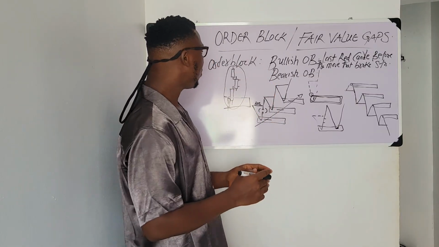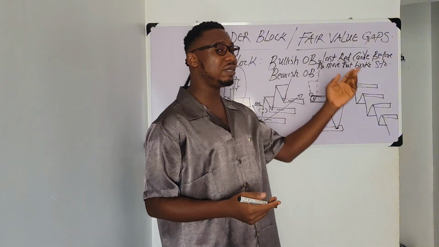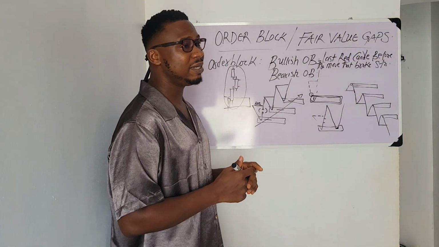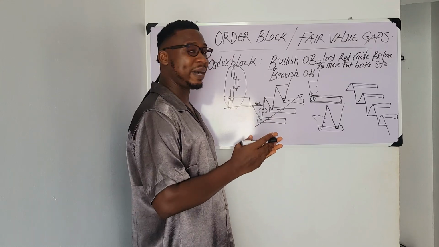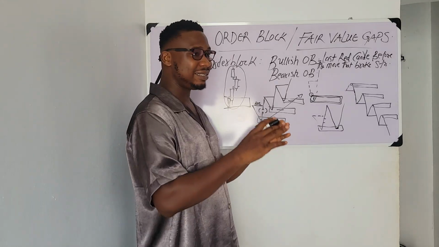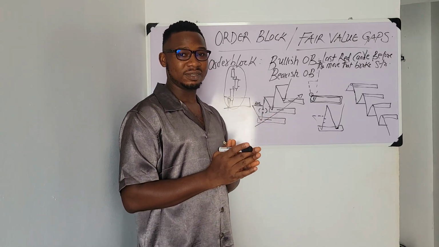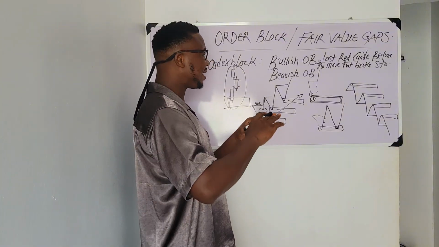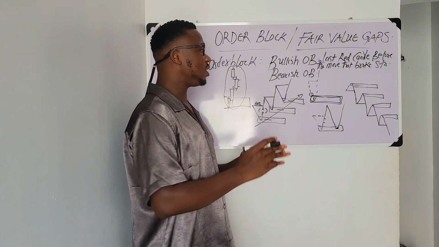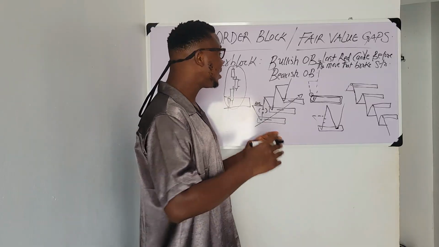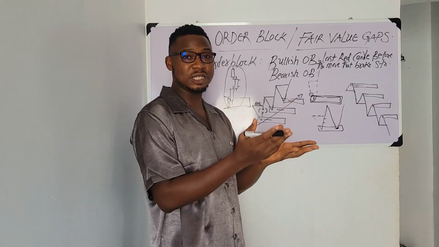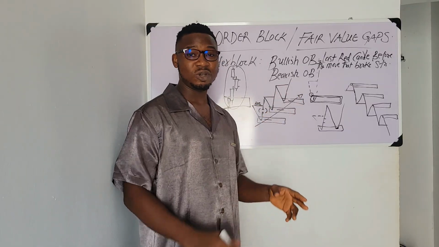But I'm just telling you what an order block is and a fair value gap. An order block simply is an area where you look to buy. It is always around either demand or supply. When you see it around the demand zone, it becomes a bullish order block, and when you see it around the supply zone, it becomes a bearish order block.